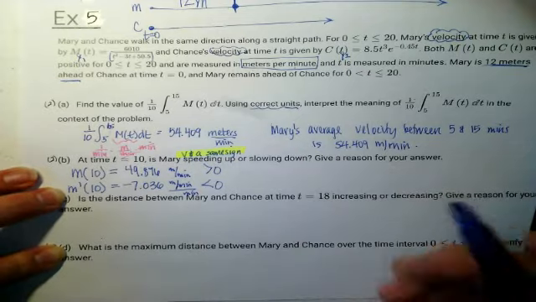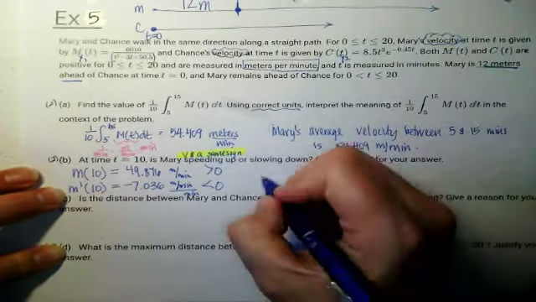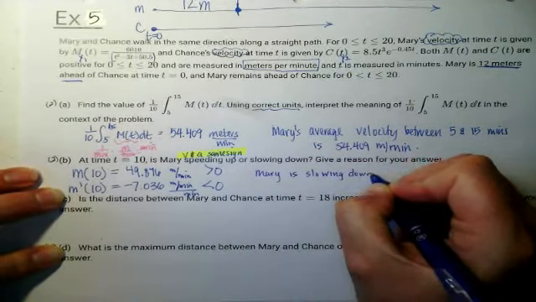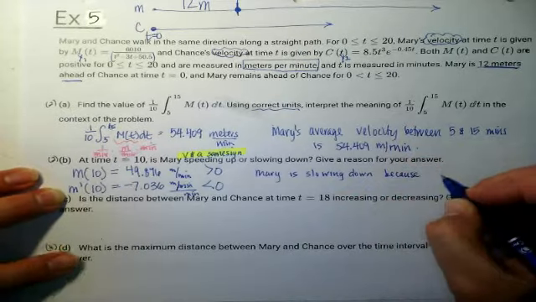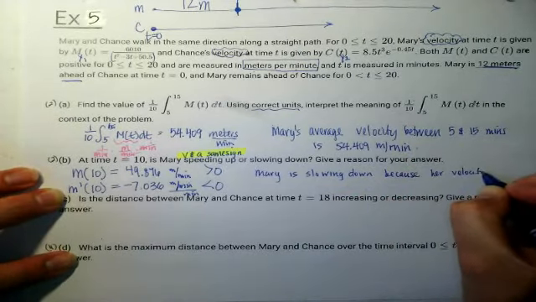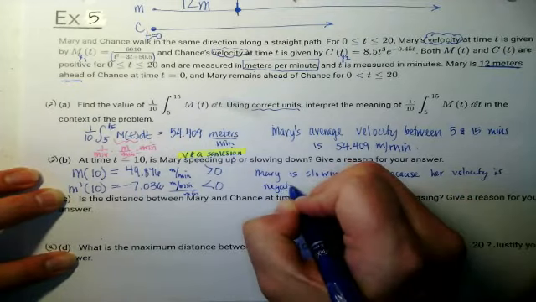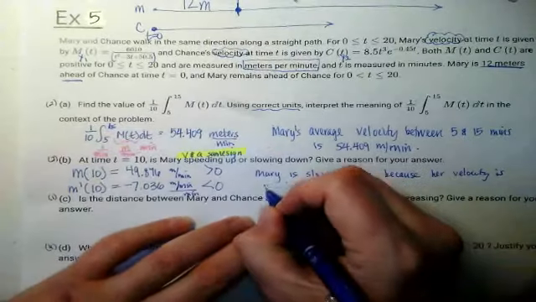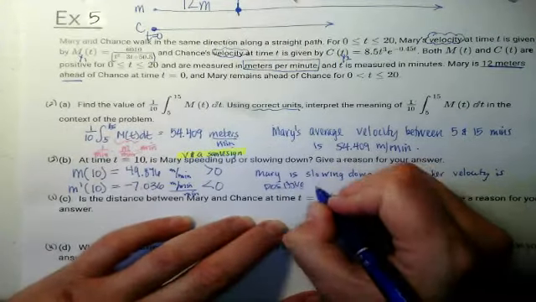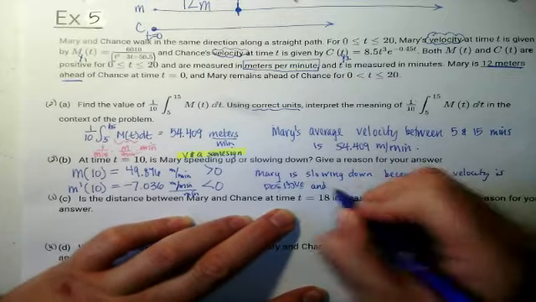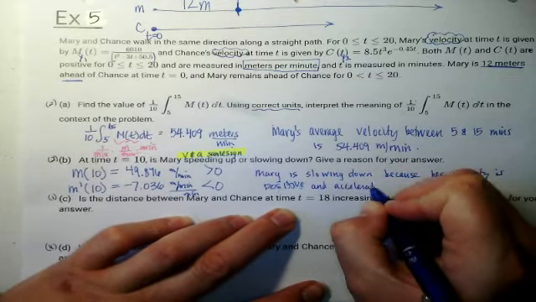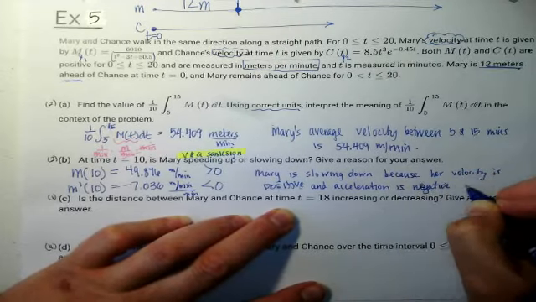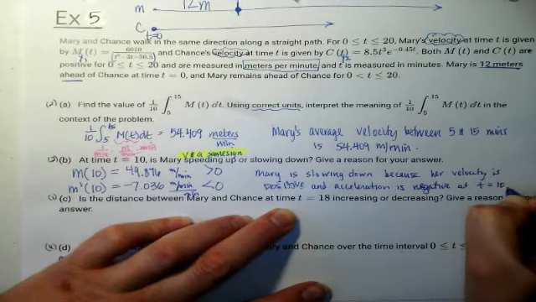So are we speeding up or slowing down? Mary is slowing down because her velocity is positive while her acceleration is negative at t equals 10 minutes.